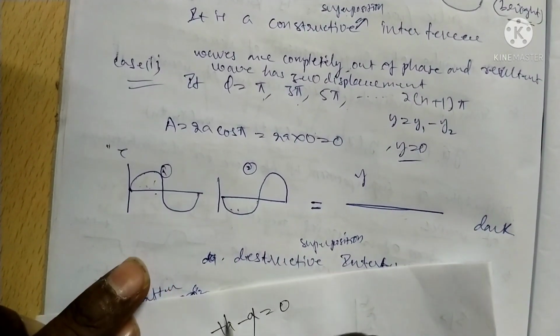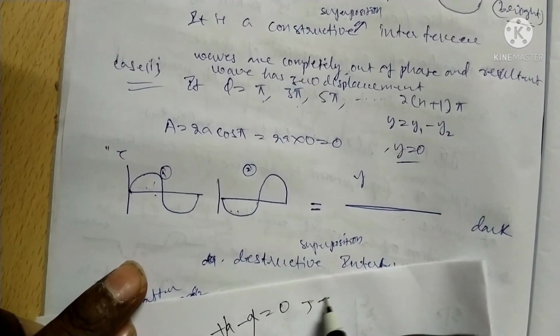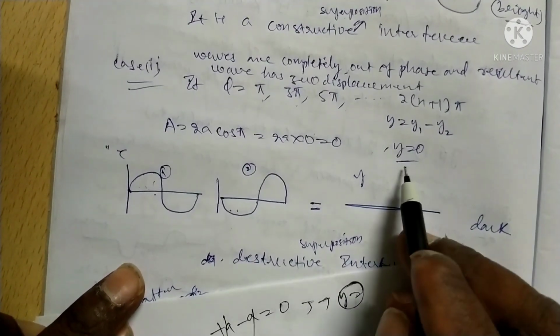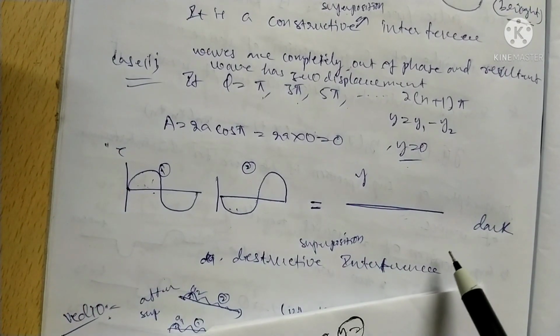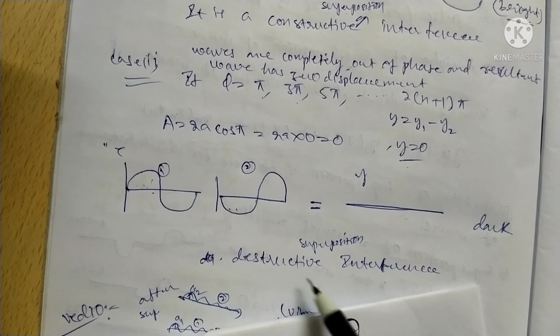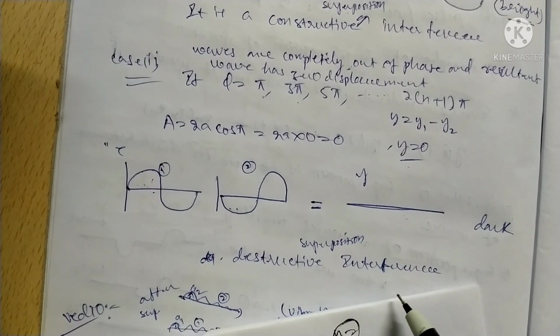The resultant amplitude is 0, that is, the displacement is 0. We get a dark ring, the dark ring interference. This type of condition is destructive superposition of interference.